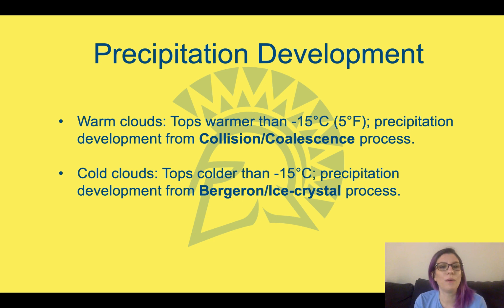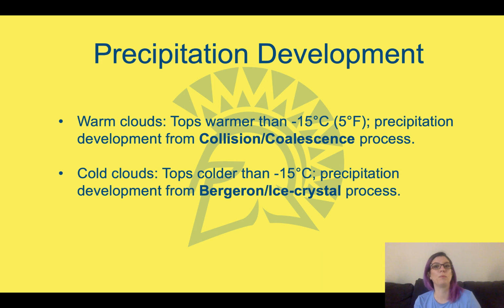All right, so there are two ways that precipitation can form in clouds. One is in warm clouds, and the other is in cold clouds. Remember, when we're talking about clouds, the temperature or the level of the cloud is going to determine whether it's a warm cloud or a cold cloud, and whether it will mainly consist of ice crystals or of water droplets.